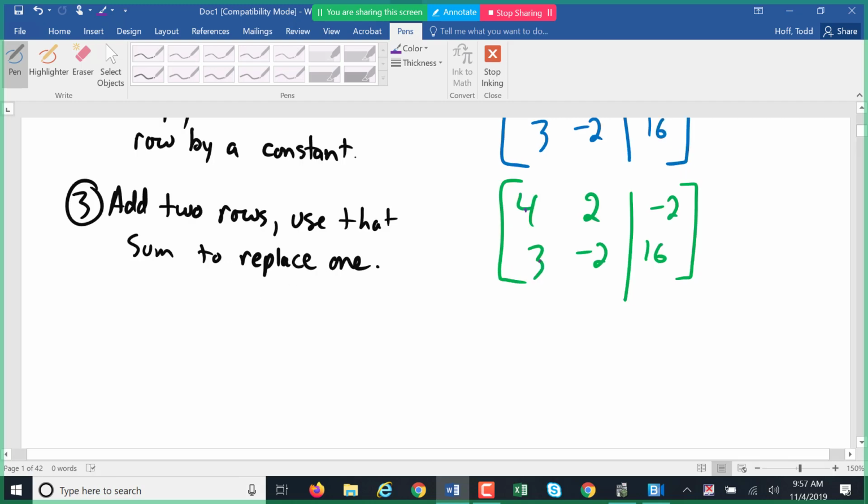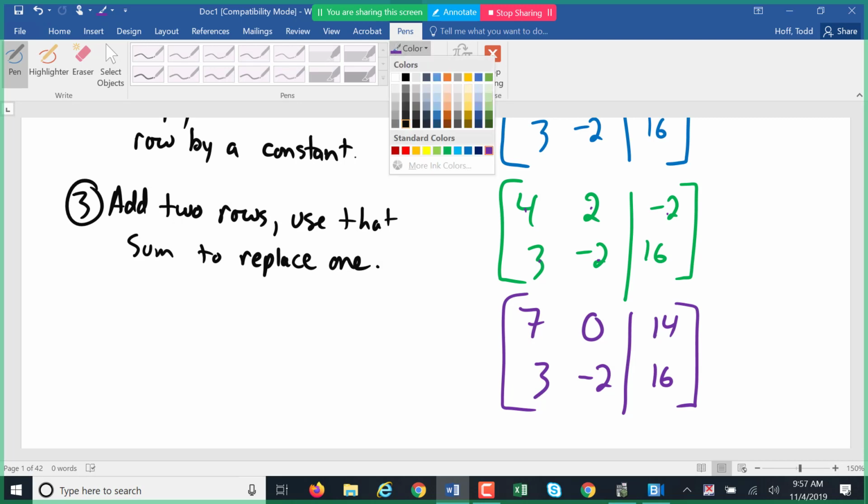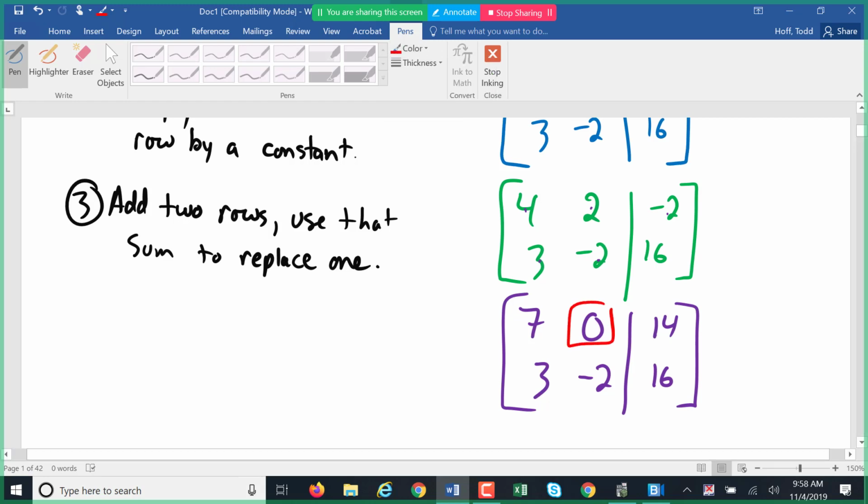So the 4 plus the 3 is 7. 2 plus -2 is 0. -2 plus 16 is 14. So I replace the top row. Even though I use the second row, I'm keeping the second row here. I combine the two, but I only replace one of them with that sum. So the purpose of these row operations, and we've actually started it here, is to get zeros in certain locations. We have what is referred to as a diagonal matrix.